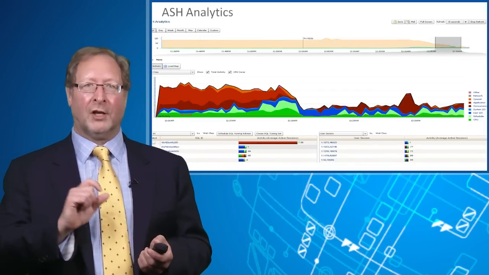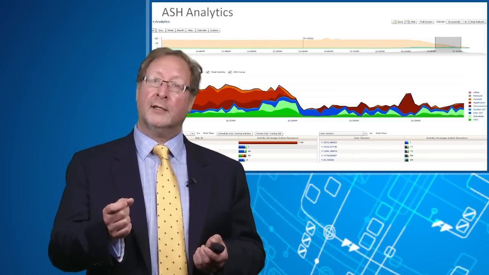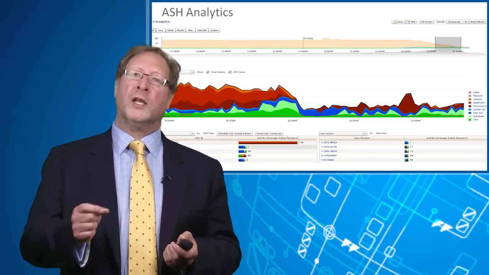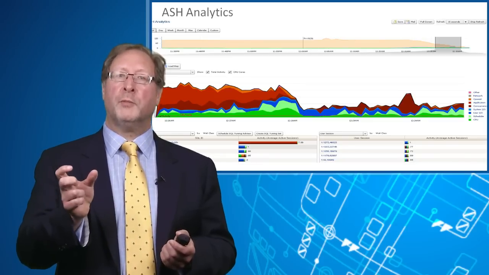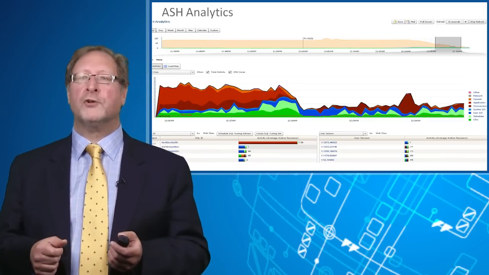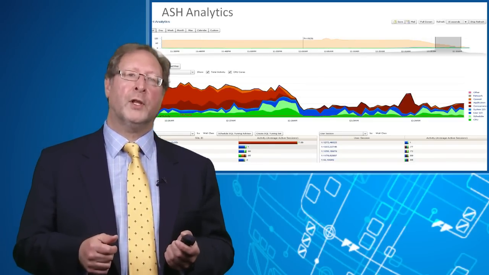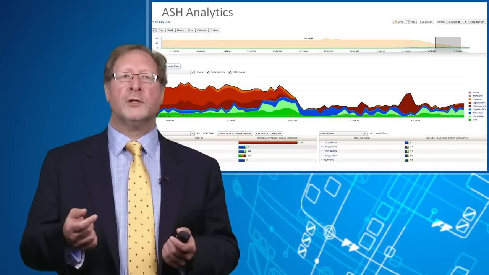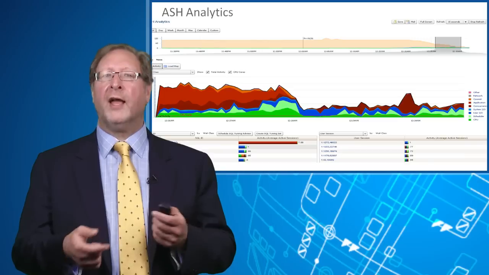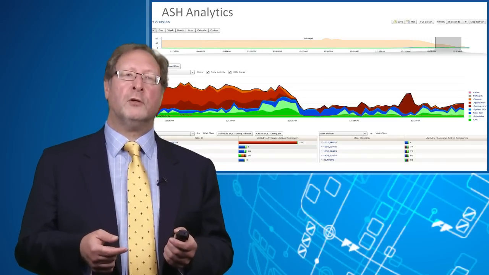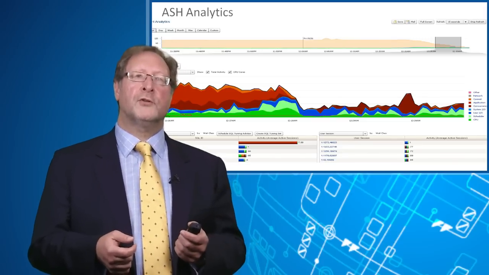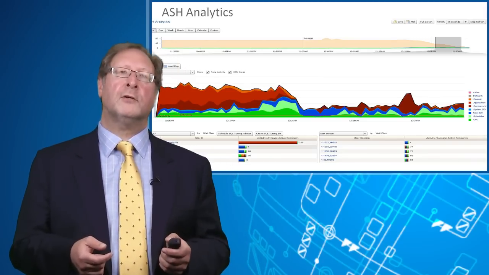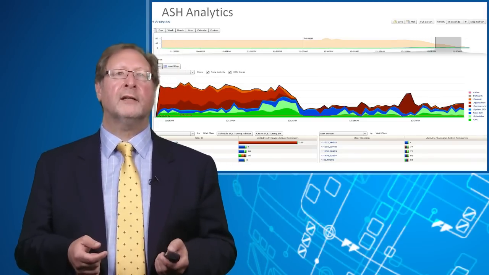So that 5-minute slider that we had in the top activity screen, we can now change the time, and we can now really focus on a particular period of interest on the system. And we can do a lot more in terms of varying the analysis that we do and filtering some of the operations out. So we can really get right down into great detail using ASH Analytics.